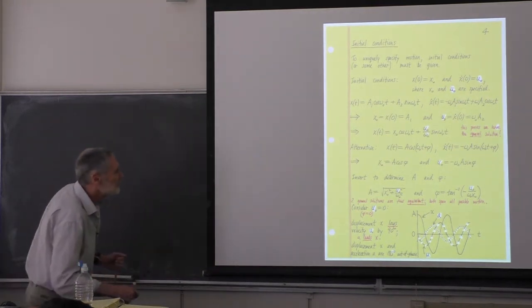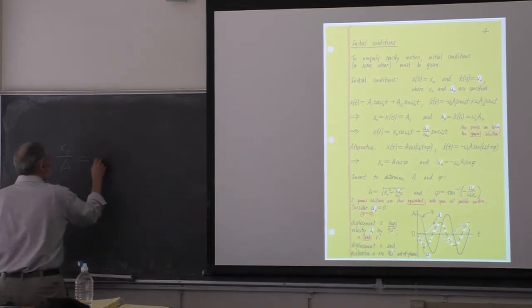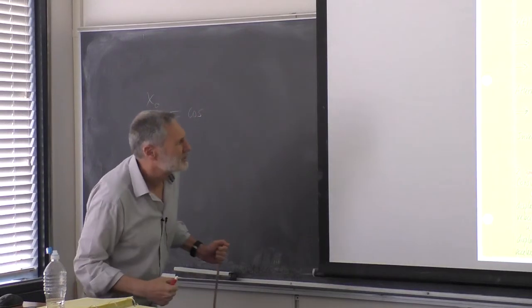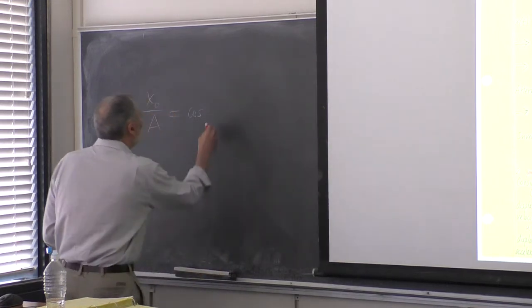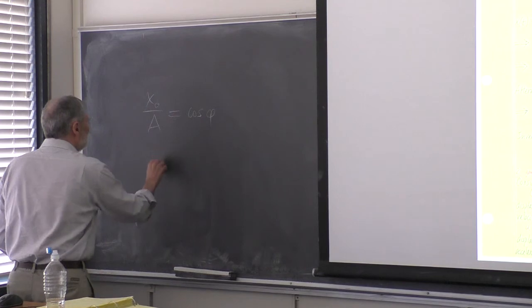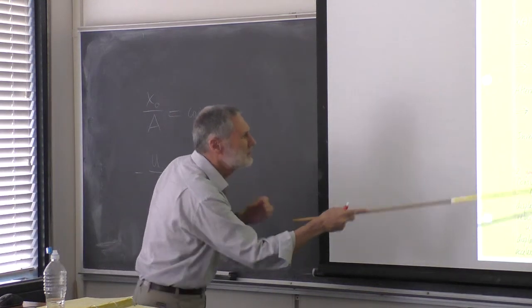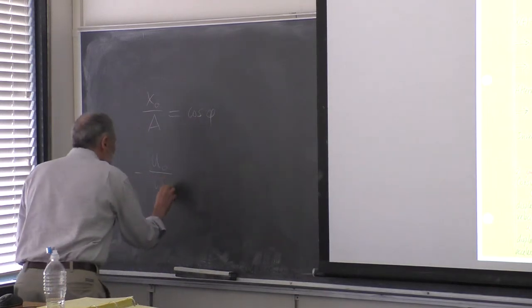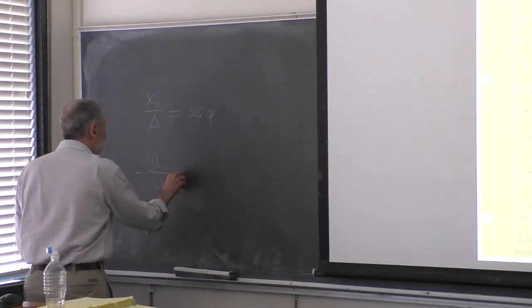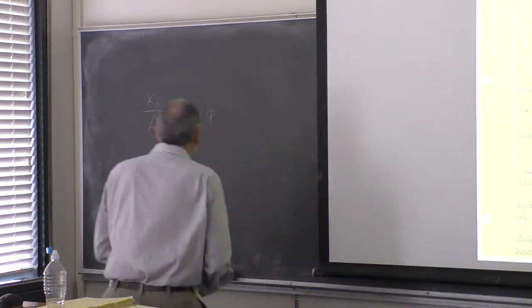So the easy way to do this is to write the first equation like this. And the reason I'm going through this is that this happens actually quite a lot. We get this, and we get minus u naught over omega naught a.